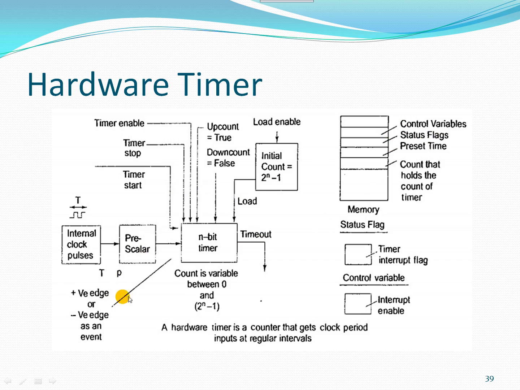Upon using these control bits, we will be having the status flags also. The status flags and the preset time will be given, and the counter value can be stored in the next memory slice of that timer.